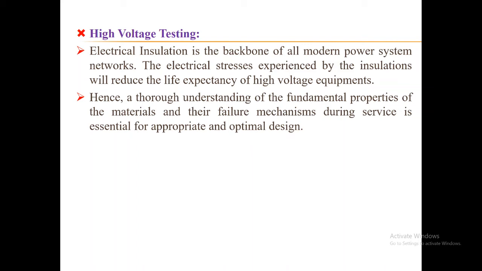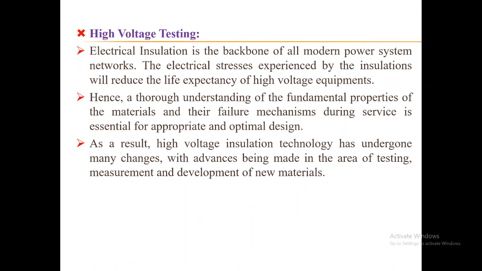Ultimately the life expectancy of the high voltage equipment can be raised by conducting high voltage testing so that the insulation engineer can create the appropriate and optimal design. As a result, high voltage insulation technology has undergone many changes, with advances being made in the area of testing, measurement and development of new materials.